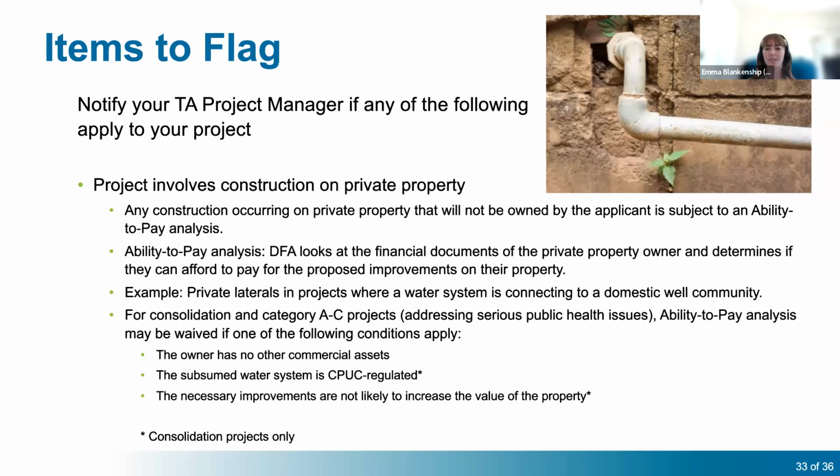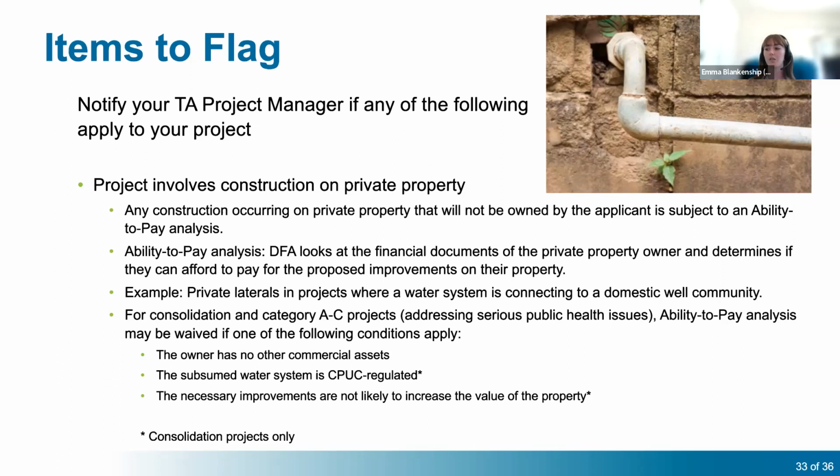For example, we see this often with private laterals on a consolidation project where a water system is connecting to a domestic well community that wasn't previously served by a public water system. For consolidation in category A through C projects, which are basically projects addressing serious public health issues, we may be able to actually waive that ability to pay analysis if one of the following conditions apply.